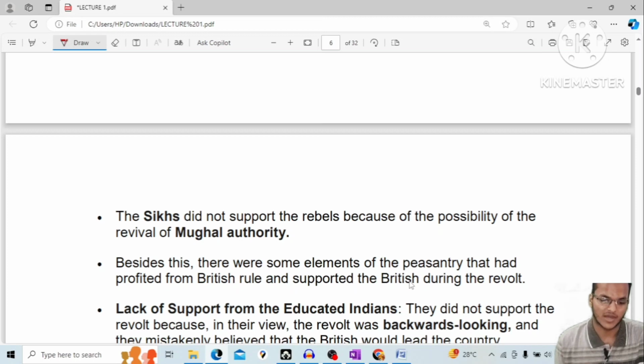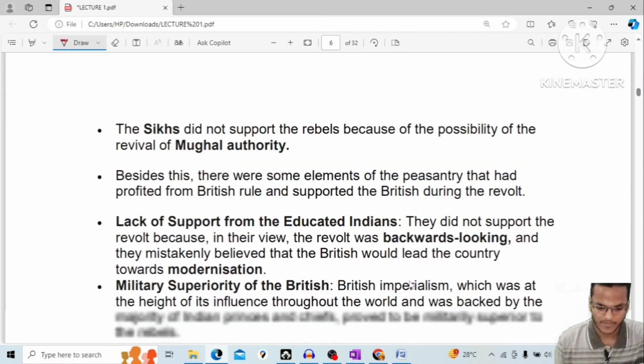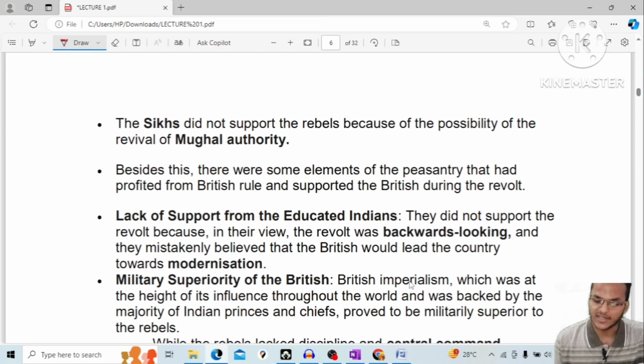The Sikhs also didn't support the rebels because of the possibility of the revival of Mughal authority. There was a lack of support from the educated Indians. This was also a very big reason.